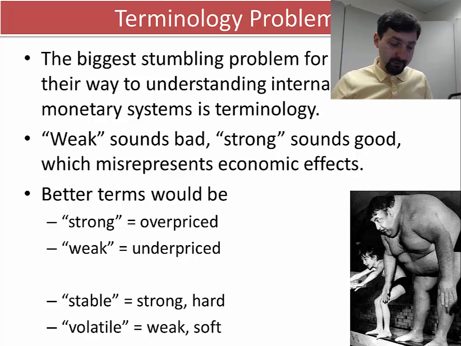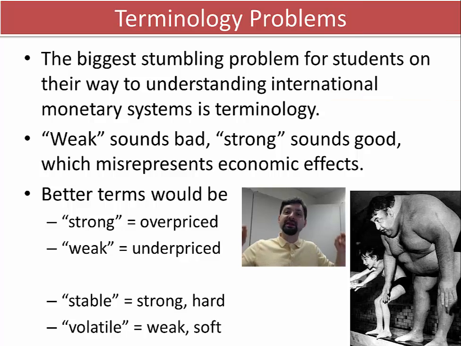Now, one of the reasons many people get confused is because of the terminology that is widely used and improperly used. The terminology is very misleading. So if I can teach you anything about exchange rates and international monetary systems, it is this slide here, these terms.